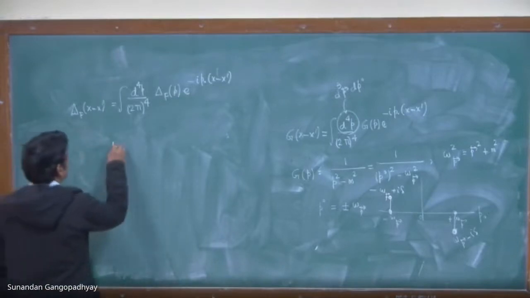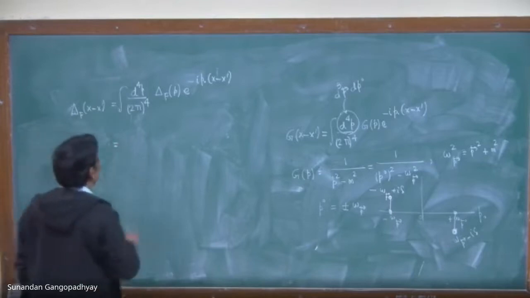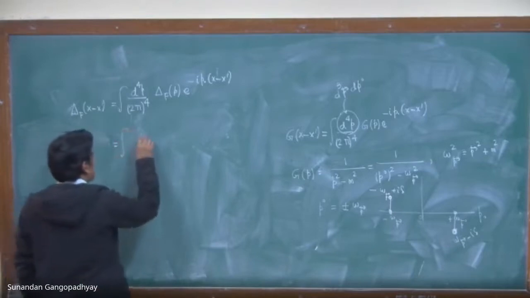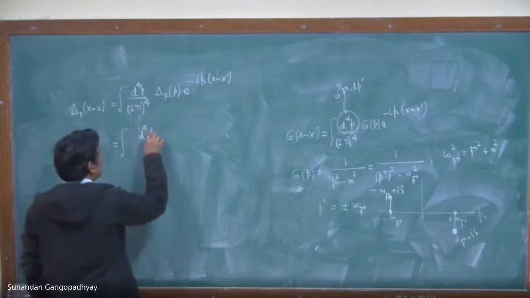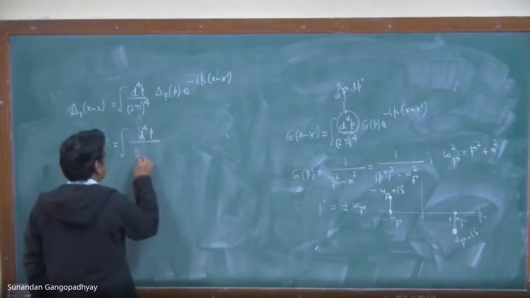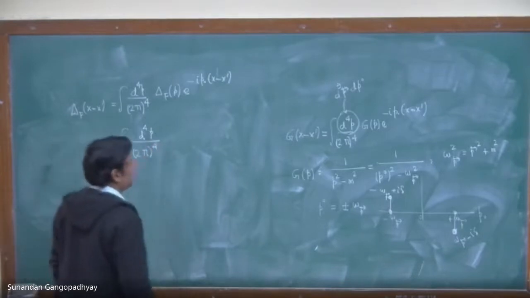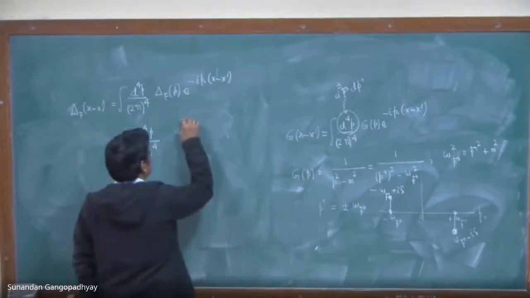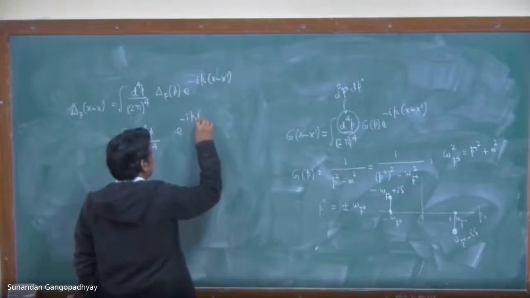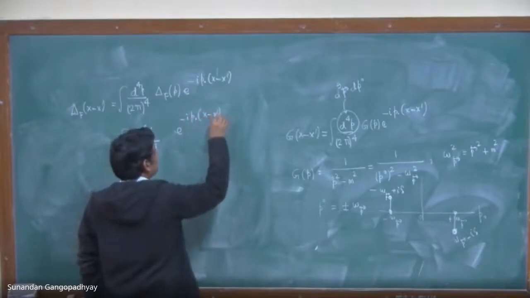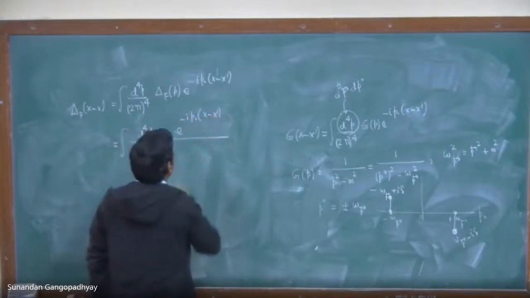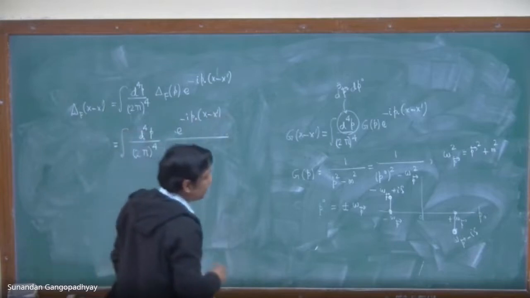And this is nothing but equal to the integral d4p by 2 pi whole 4 e to the power of minus i p dot x minus x prime, divided by delta F of p.